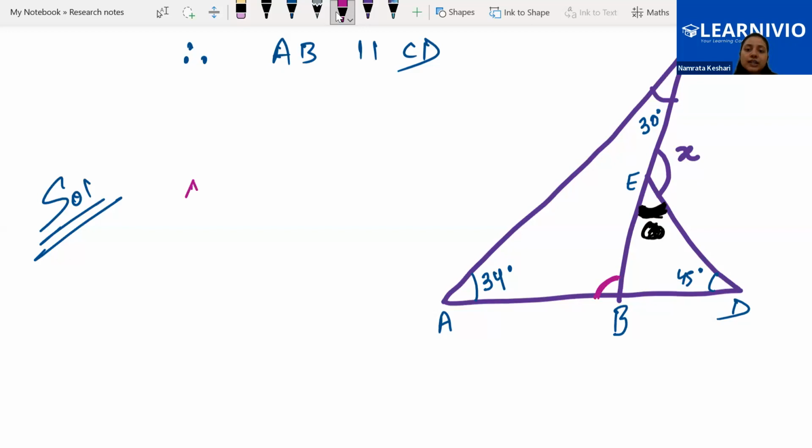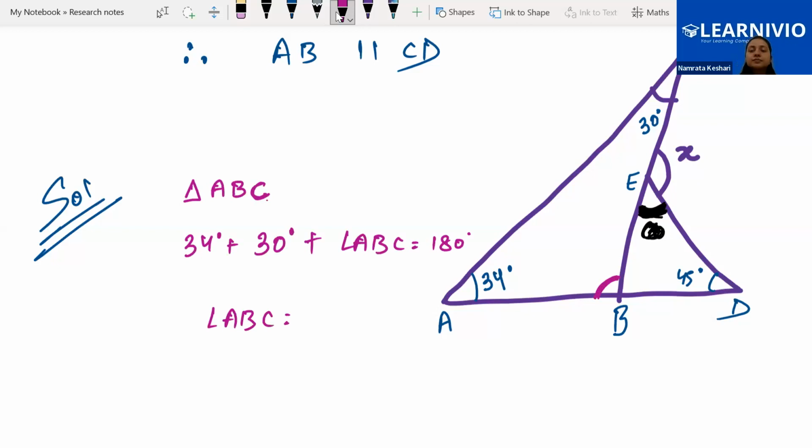If we focus on triangle ABC, the easiest approach, can we say 34 degree plus 30 degree plus angle ABC, all together is 180 degree? Angle sum property, can we say? Yes, ma'am.